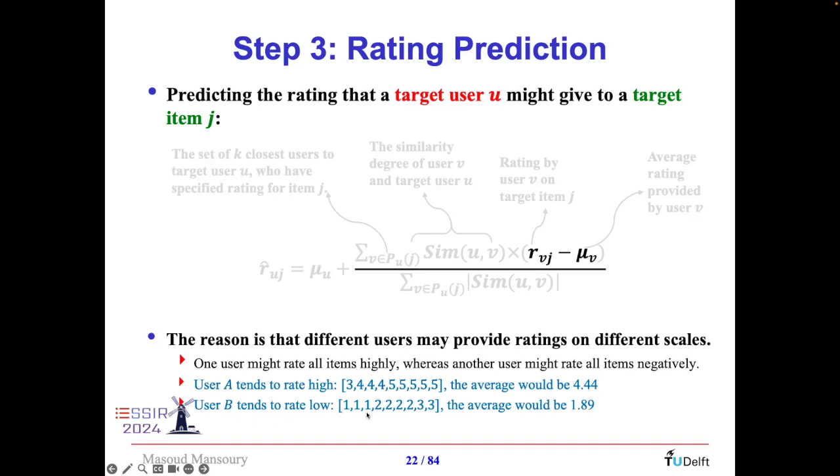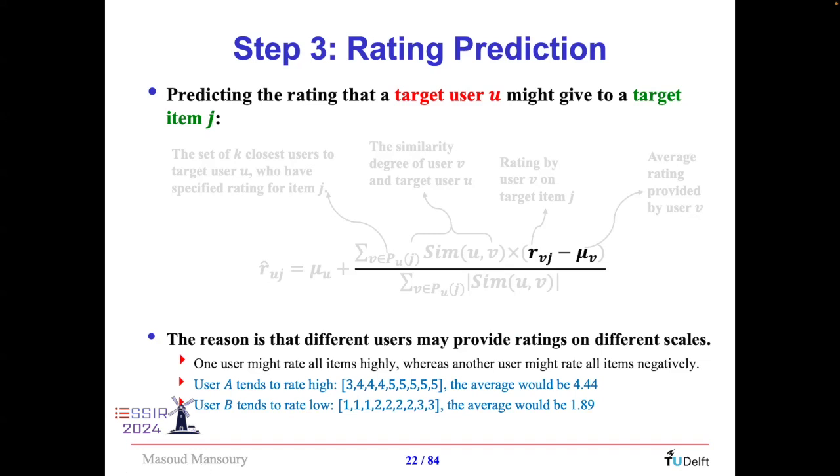As you can see, user A tends to rate high, and B tends to rate low. So these are two different users, and the meaning of their ratings might be different. For user A, 3 might mean a low rating, but for user B, it might mean a high rating.